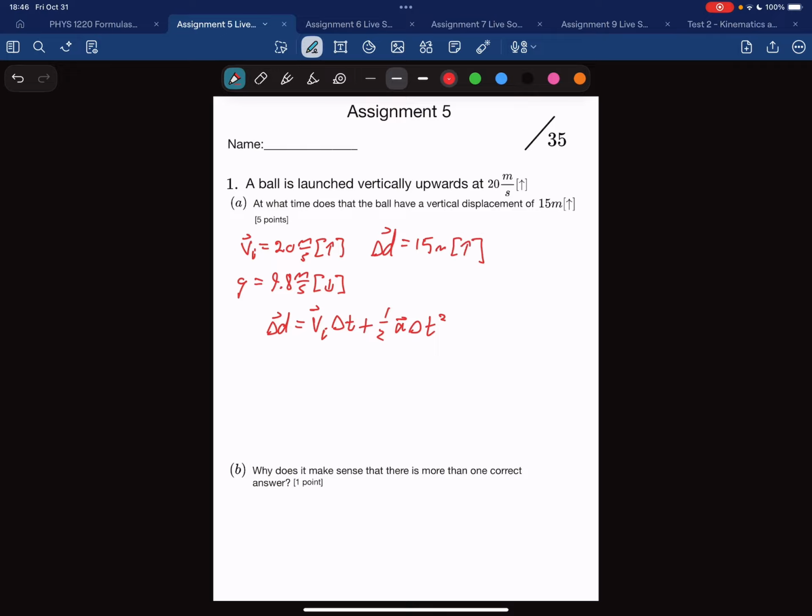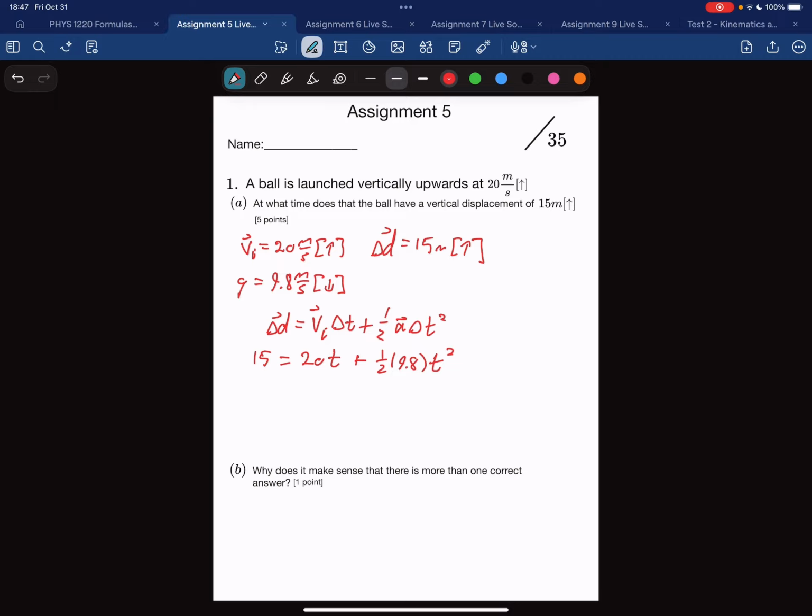So we have initial velocity, we have acceleration due to gravity, that is g in our case, and we have delta D, so we can plug these numbers in and solve for time. So here we get 15 equals 20t plus 1/2 times 9.8 t squared.